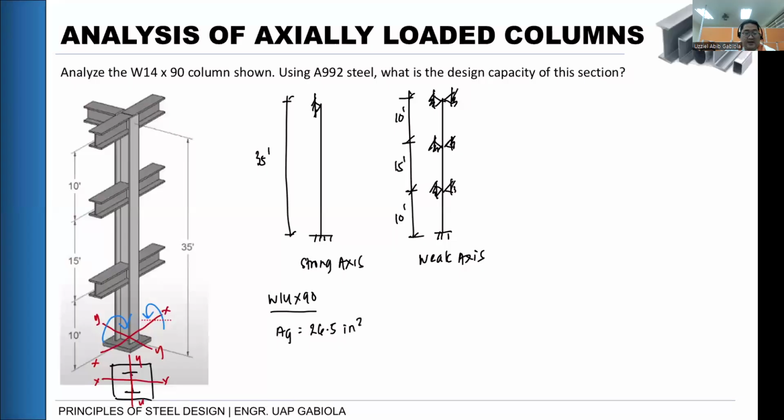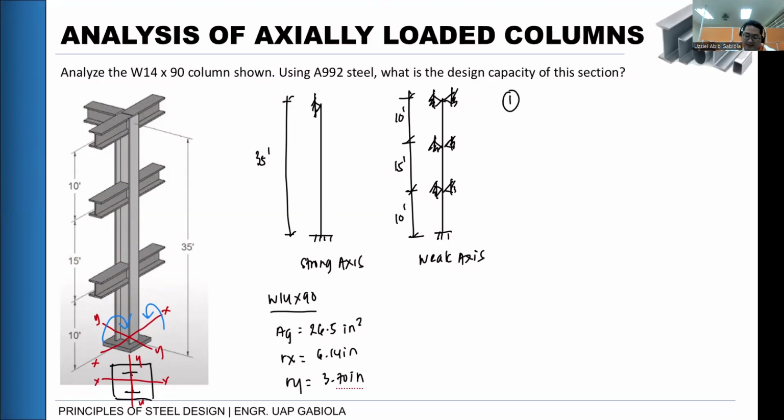And then yung value ng ating radius of gyration for X, we have 6.14 inch. For RY, we have 3.7 inch. Okay? So, punta na tayo dun sa first step natin ng analysis.